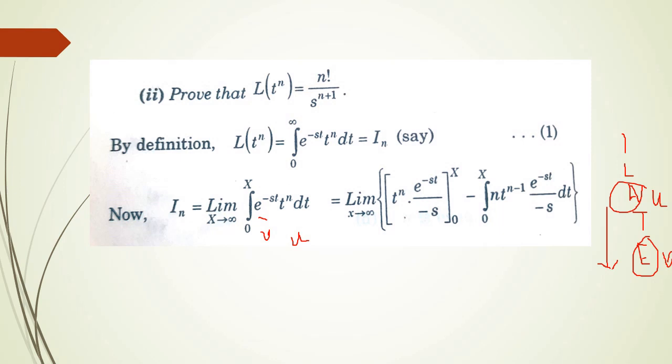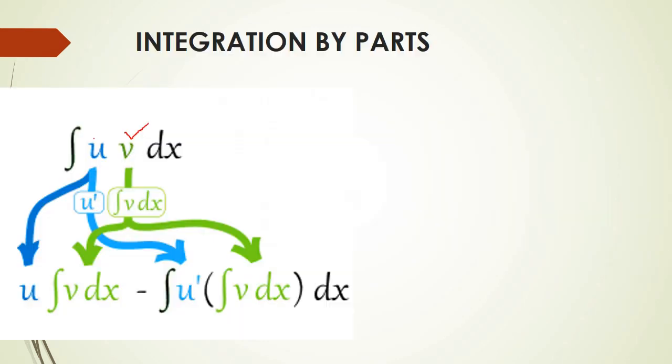Then we have applied the formula over here. If we see this calculation, after using the integration by parts formula, we will get t to the power of n e to the power of minus st, and this whole expression will give us 0 value.